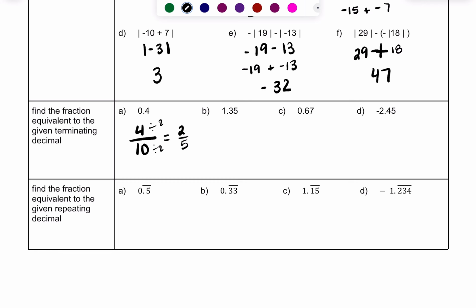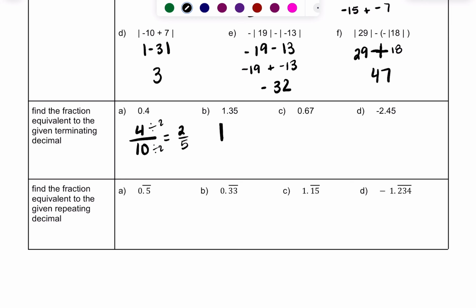Okay. Now, when you do have a whole number, think about when you have mixed numbers. When you have mixed numbers, you have your fraction and then you have that whole number on the outside. This is the exact same situation. You have a decimal placement, but you also have a whole number to the left of it. When you have a whole number to the left of it, that's actually going to be the whole number of your mixed number. Okay, so I have my whole number.